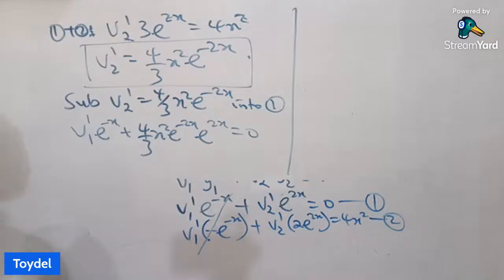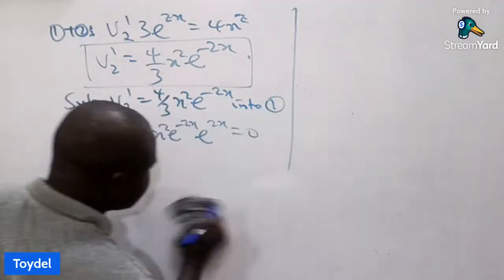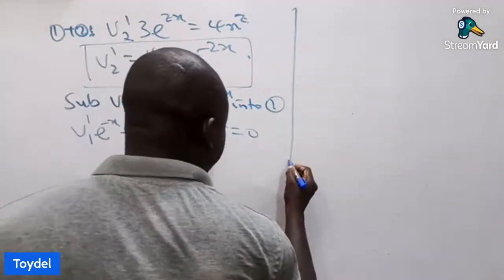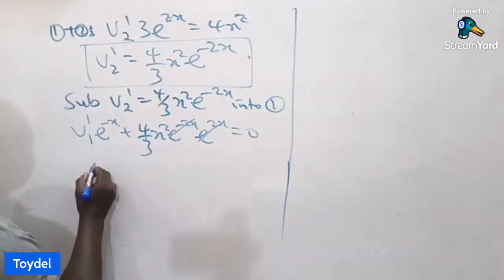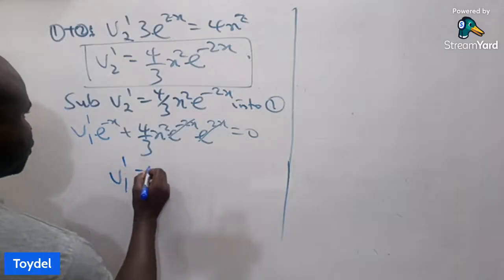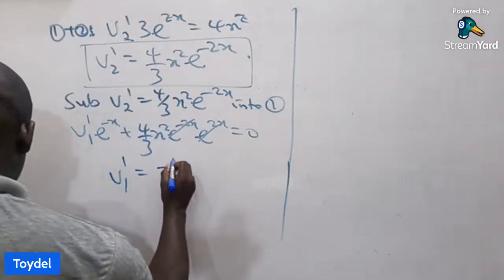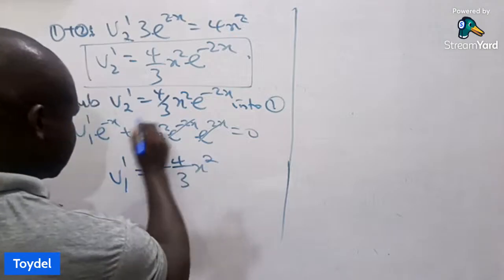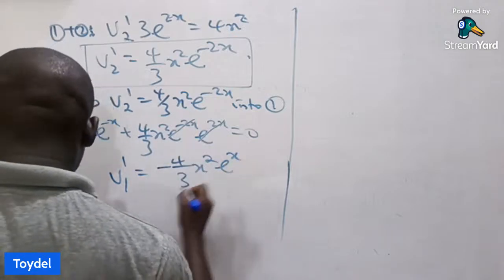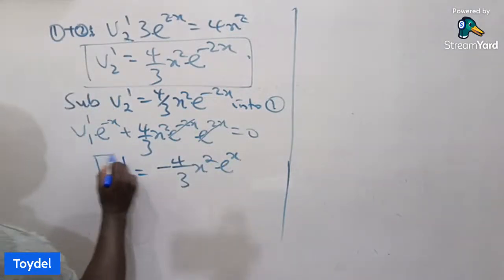From there, this can take care of this, so that at the end of the day, v1 prime will be equal to minus 4 over 3 x squared exponential x. So this is the value of v1 prime.